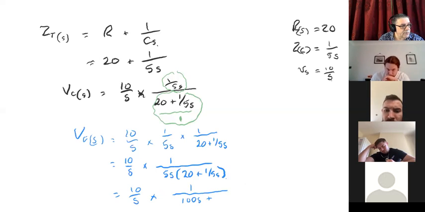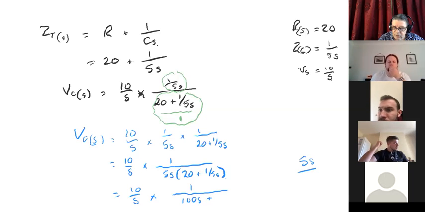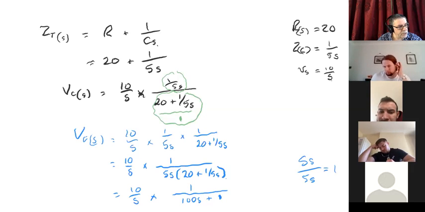So what does that leave? 5s divided by 5s, 1. Yeah. All of you? Right. New page.